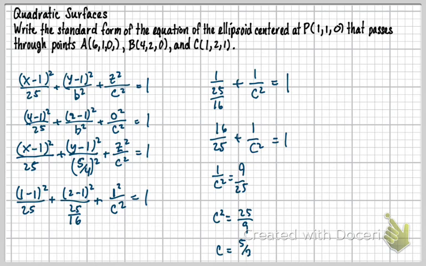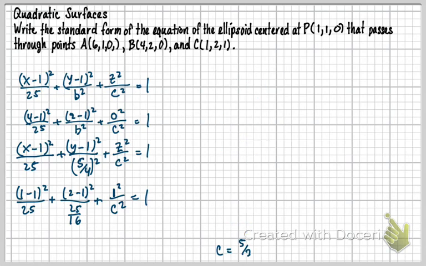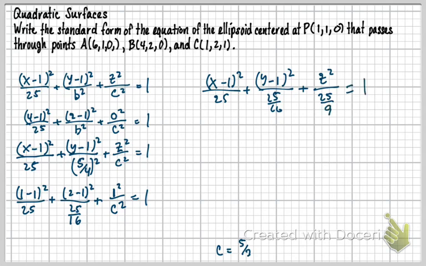So then for the equation, we get (x minus 1) squared over 25 plus (y minus 1) squared over 25/16 plus z squared over 25/9, because remember it's got to be squared, equals 1. So now for the final answer, I would flip and multiply those because this is a divide.